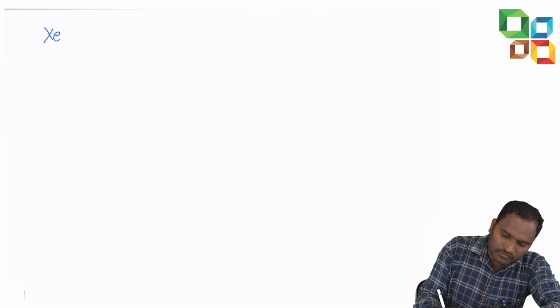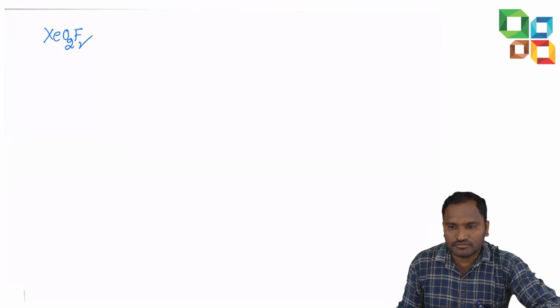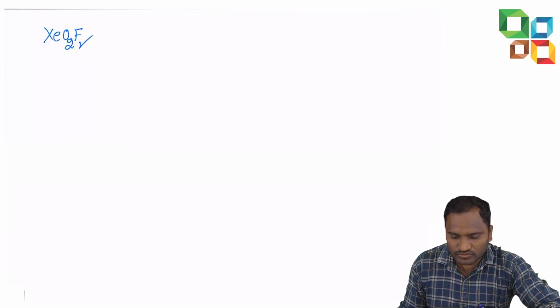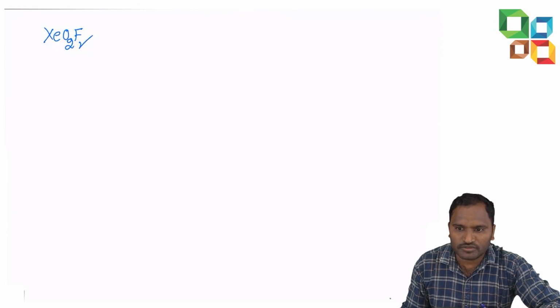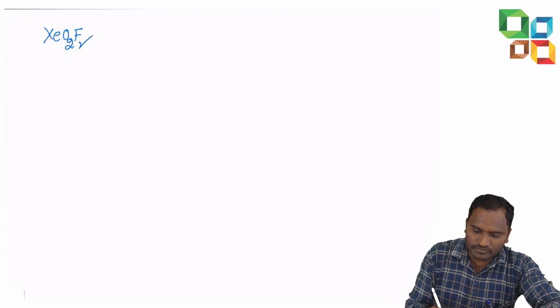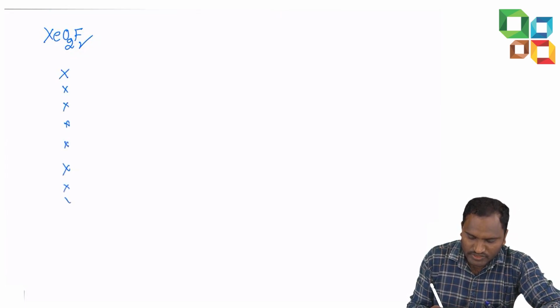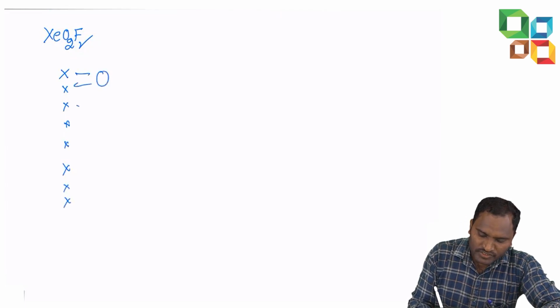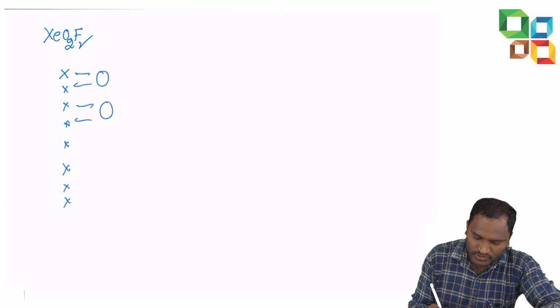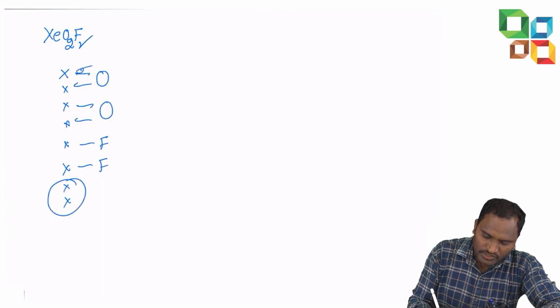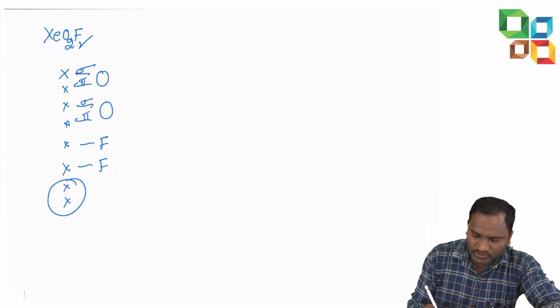XeO2F2. I don't know whether this molecule exists or not. We'll see. Xenon has 8 valence electrons. 2 oxygens form 4 bonds, 4 electrons, and there is 1 lone pair. Here only 1 bond is sigma and the other pi for oxygen, and both fluorine bonds are sigma.